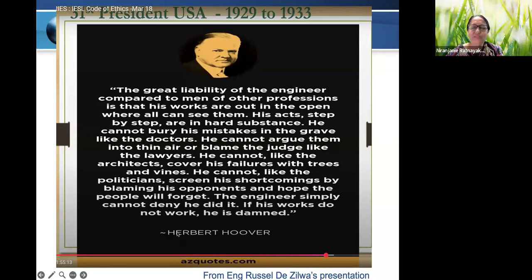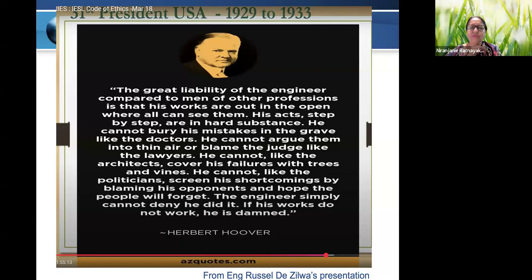If his work does not work, he is damned. So this is Herbert Hoover. You have heard of the Hoover Dam and all that. He was a very development focused president of USA. So it shows how responsible we have to be about the work that we are doing. And that's why the code of ethics is very important.